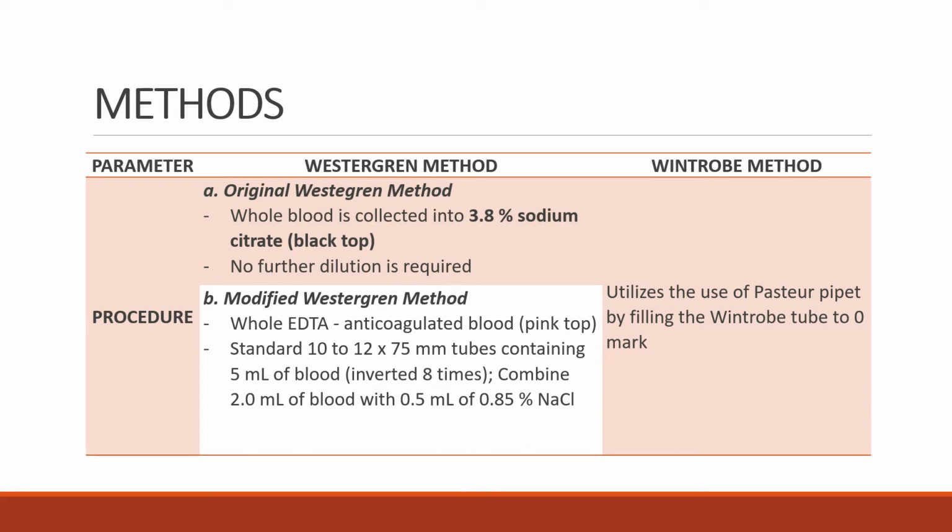Invert the tube 8 times, and after which combine 2 ml of the patient's blood sample with 0.5 ml of 0.85% to 0.9% sodium chloride. So basically, the second method for Westergren requires dilution of the patient sample.